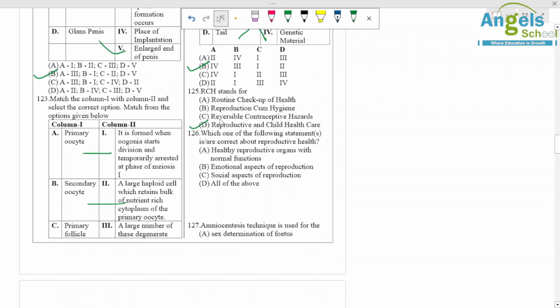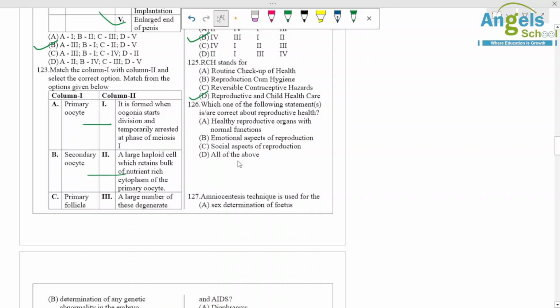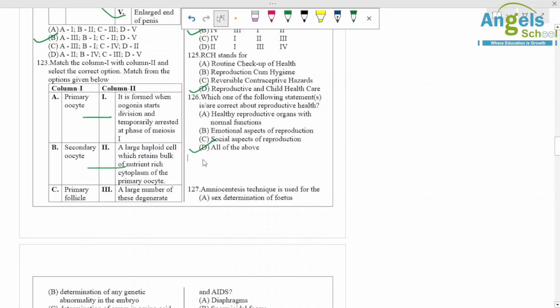Which of the following statements are correct about reproductive health? Healthy reproductive organs with normal function, emotional aspect of reproduction, social aspect of reproduction. So all these are correct for healthy reproductive health.